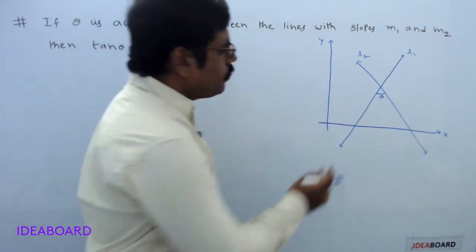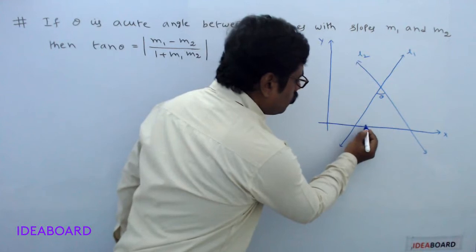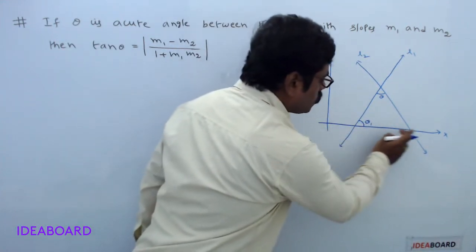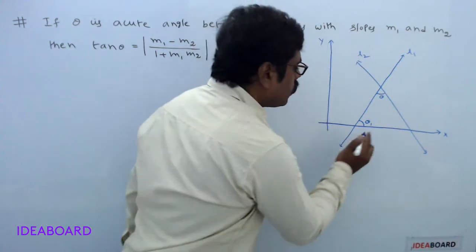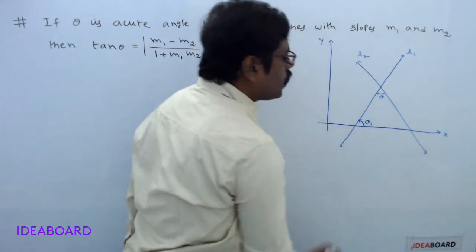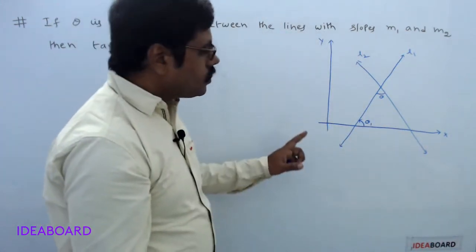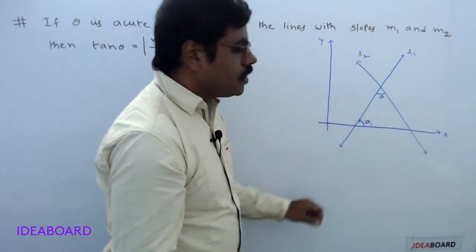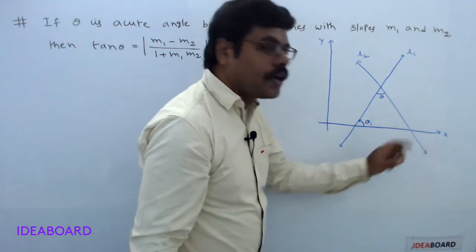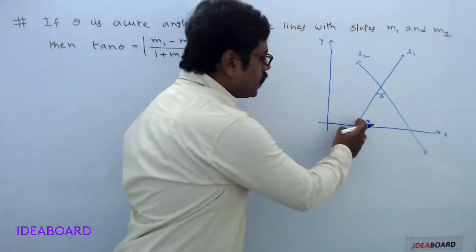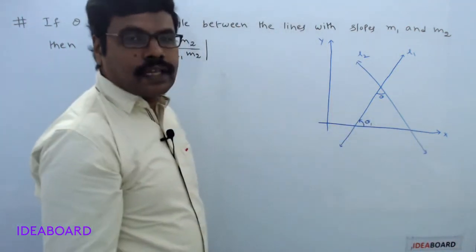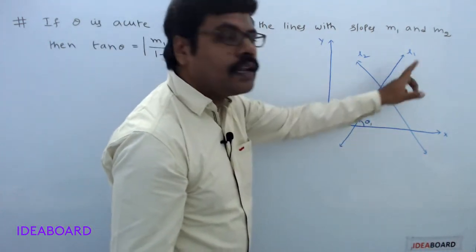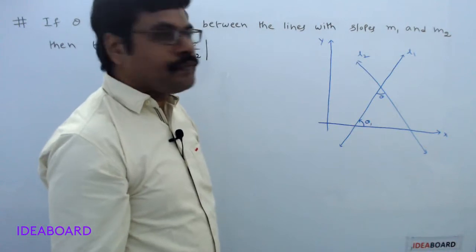Now suppose this line L1 makes an angle theta 1 with the positive direction of the x-axis, measured in an anti-clockwise direction. That is our assumption. So this theta 1 is the inclination of the line L1.